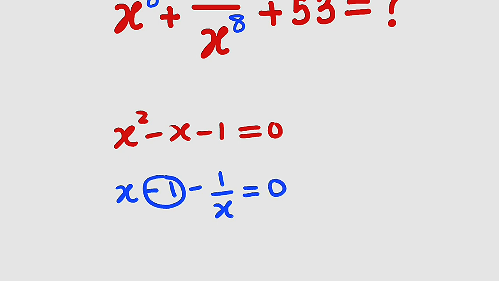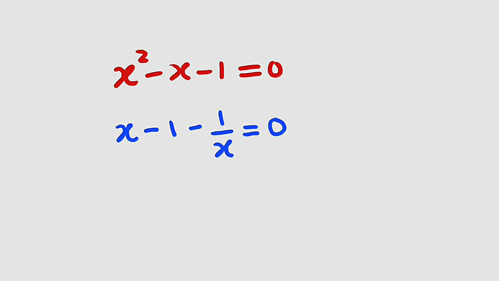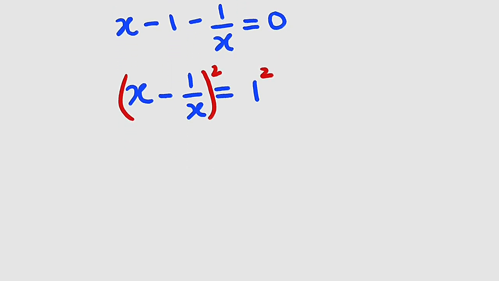Now let us take negative 1 to the other side. We have x minus 1 divided by x equal to positive 1 as it crosses over. Now let us square both sides. You take the first term, you square that, you have x squared. You take the second term, you square that, you have 1 divided by x squared. Then you subtract because of this negative sign.